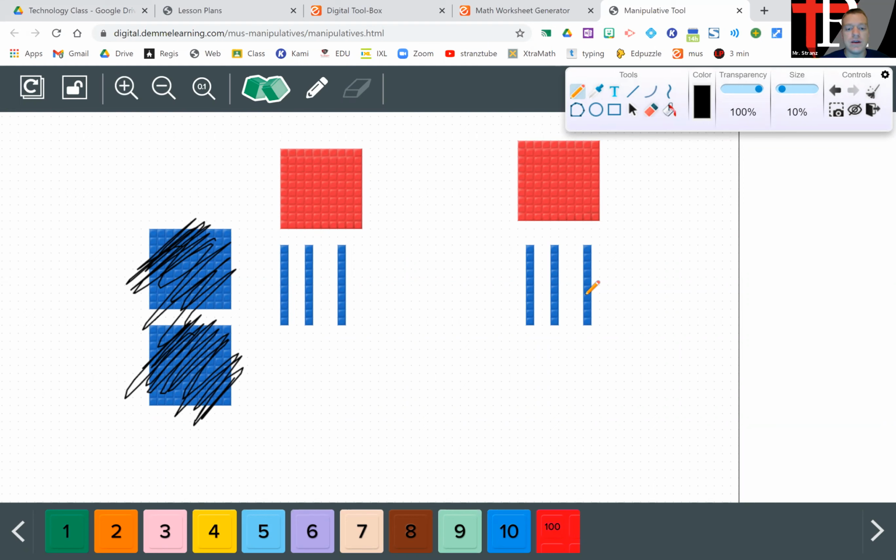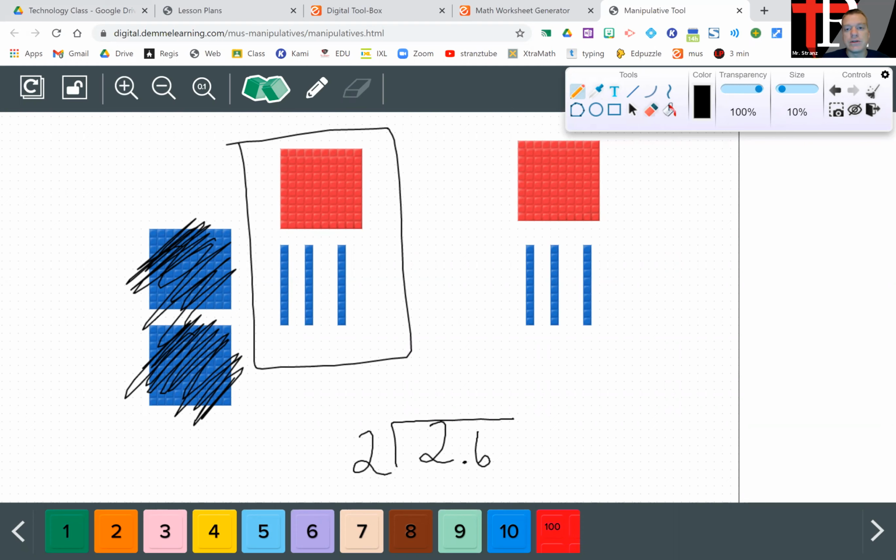okay? So if we take our problem now, which was 2.6 divided by 2, I separated them into two groups, right? Here's the first group right here. Here is the second group right here. How much is in each group? Well, you can count it by tenths if you want. So there's 10 tenths here, and there's 3 tenths. That's 13 tenths, right?